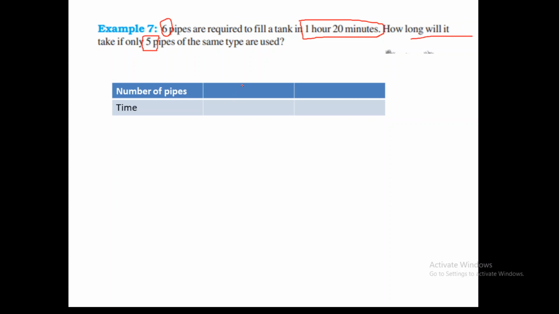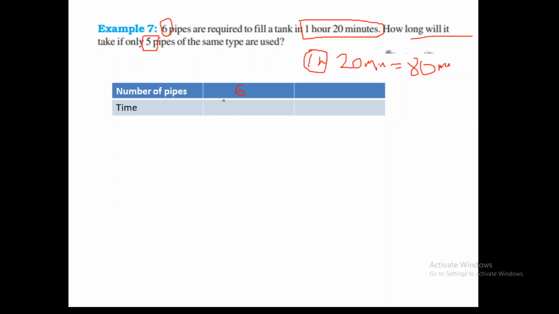Okay, so first we have 6 pipes. It took 1 hour 20 minutes, right? 1 hour 20 minutes means how many minutes? 1 hour is 60 minutes, right? 60 minutes plus 20, so 80 minutes.